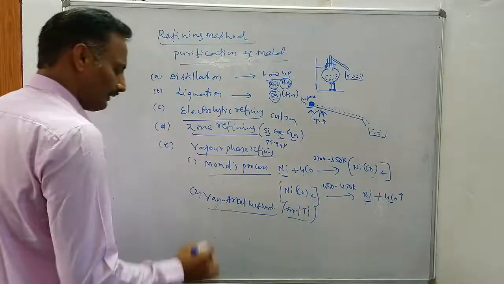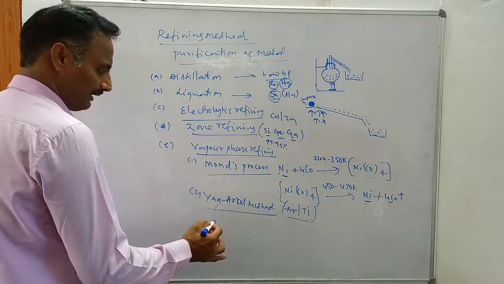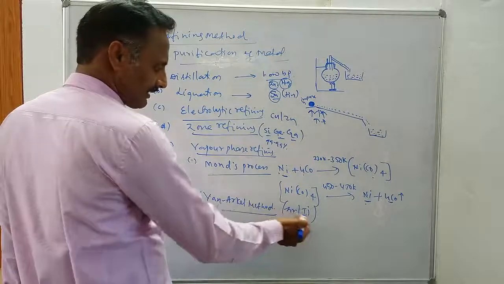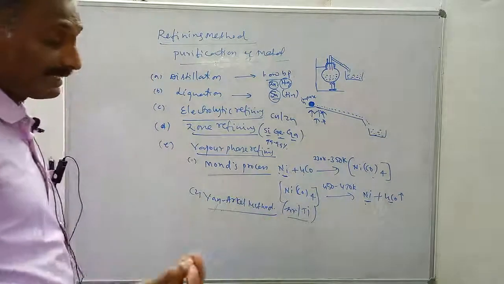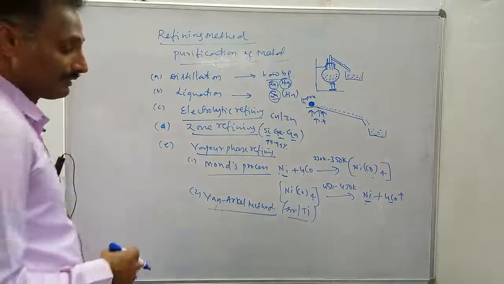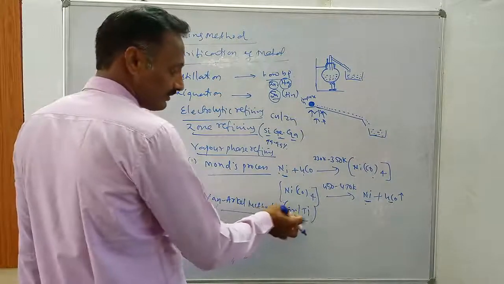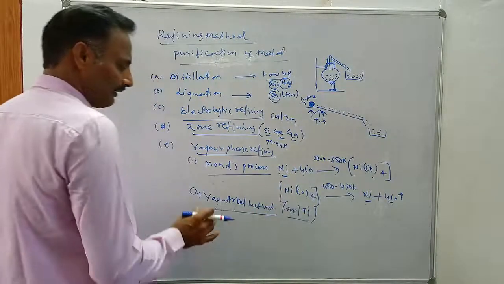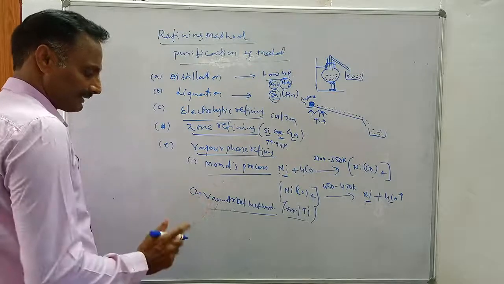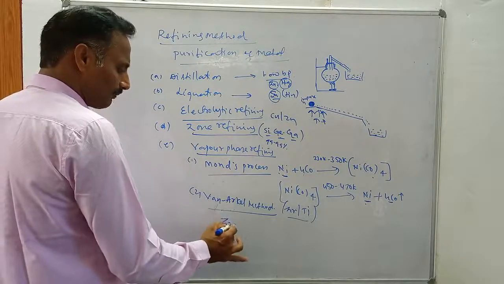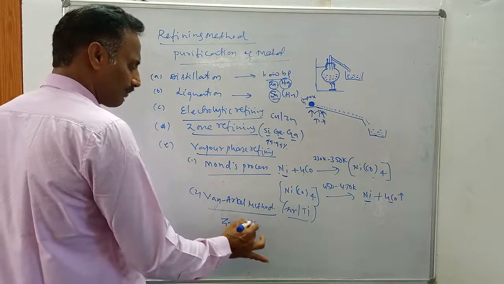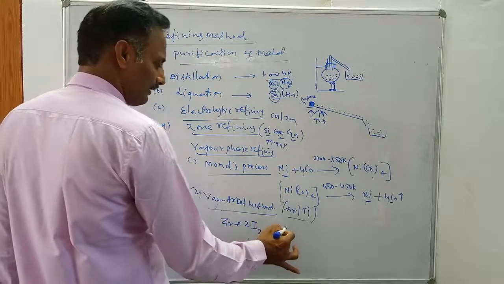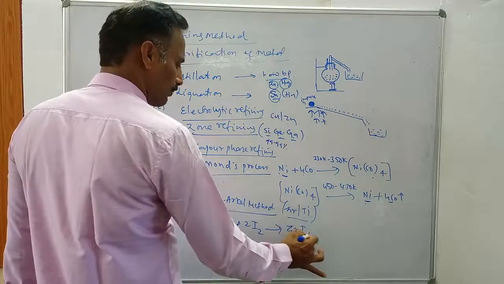Zirconium and titanium contain trace impurities like oxygen and nitrogen. To remove these traces, we go for the Van Arkel method. The impure zirconium is treated with iodine, and we get zirconium iodide complex.